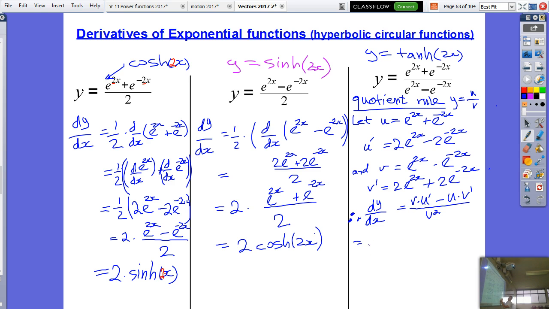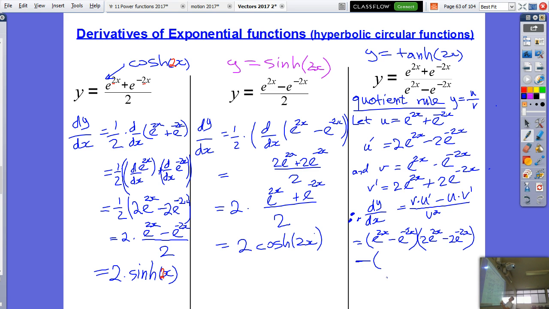So it's the v function, e to the 2x minus e to the negative 2x, in a bracket, multiplied by our 2e to the 2x minus 2e to the negative 2x. Okay, there's the first double bracket, and then that is subtract.